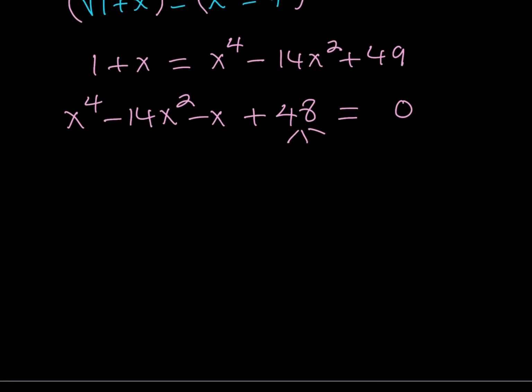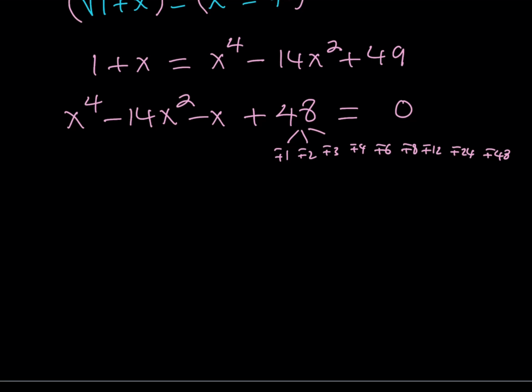Obviously, 48 has a lot of factors. I'm going to spare you the trouble. You can look through plus minus 1, plus minus 2, plus minus 3, plus minus 4, plus minus 6, plus minus 8, plus minus 12, plus minus 24, I hope I didn't skip anything, and plus minus 48.